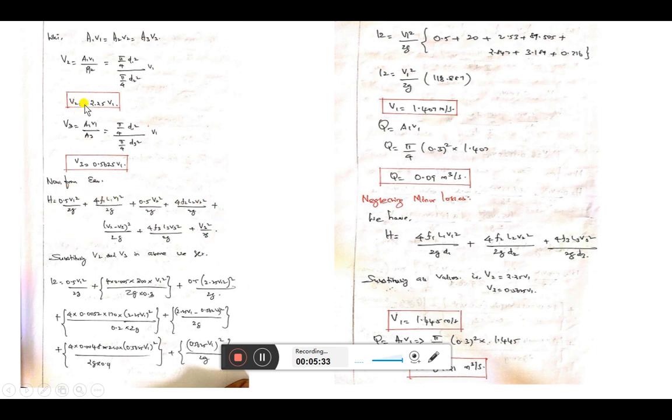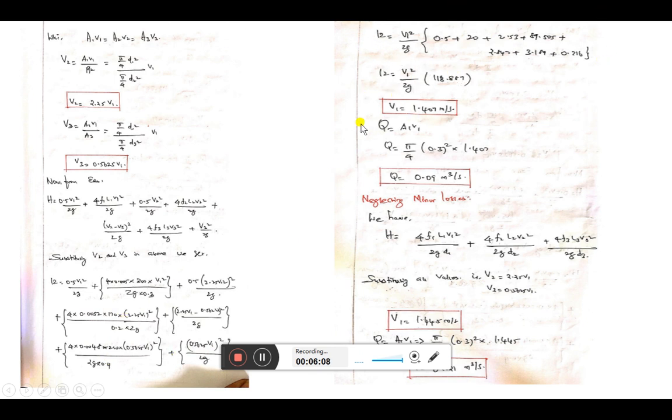We take 0.5 v1 square as it is, f1 and L1 given in the problem, v1 square as it is over 2g d1, with d1 taken as 0.3, plus 0.5 into v2 square. Instead of v2 we write 2.25 v1 square, divided by 2g, and similarly we substitute all the other velocities.